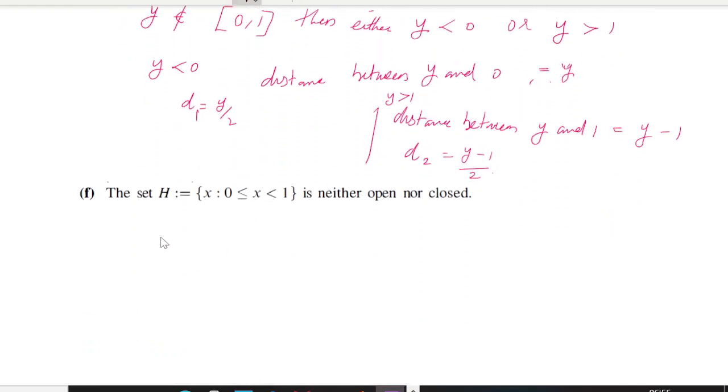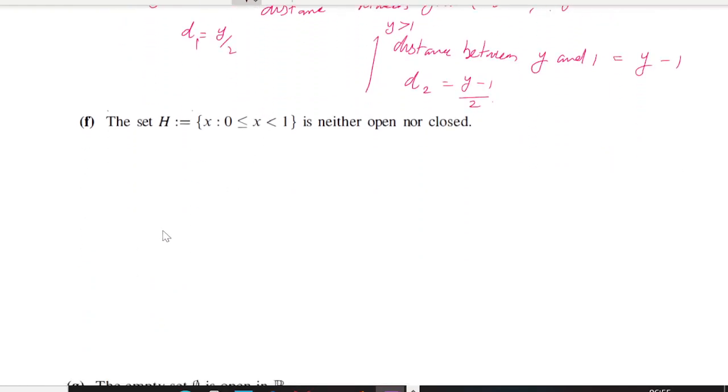Now the last example, the set H equal to 0 less than or equal to x less than 1, is neither open nor closed. That means, take your real line, the point 0, here is the point 1, here I am taking minus 1.